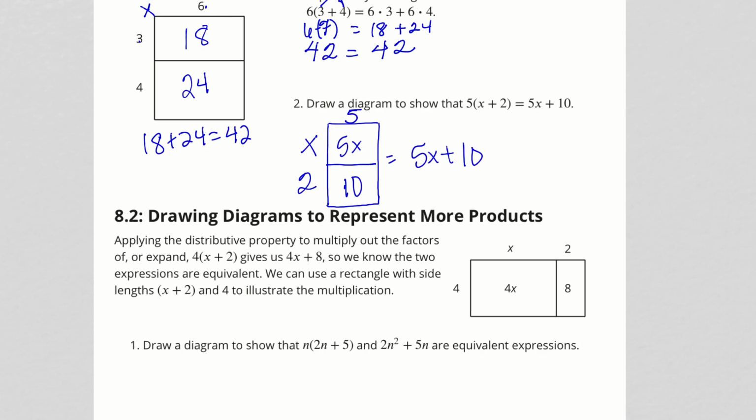These little yellow squares are our singular ones. So if we have 1x plus 2, and then we are multiplying by 5, we would have 5 ones down the side.